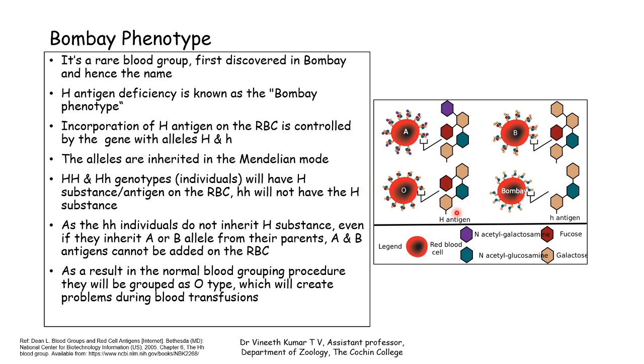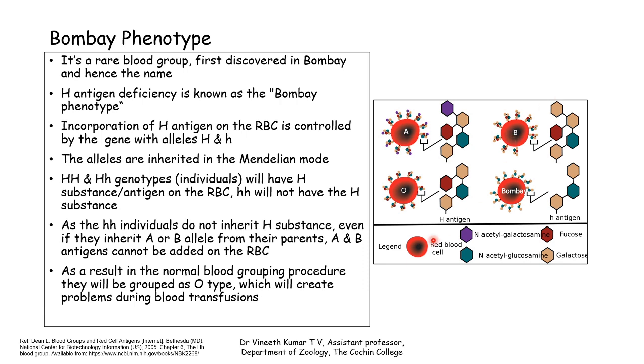That means the H antigen, as you can see in this particular diagram. So we said that you have an H antigen which is being synthesized, and to the H antigen, in the last step, a fucose is being added, and after the addition of the fucose, the terminal sugars. So this is a complete H antigen. After the addition of fucose, you have either an acetyl galactosamine to have an A blood group, or the addition of galactose, you have B blood group.